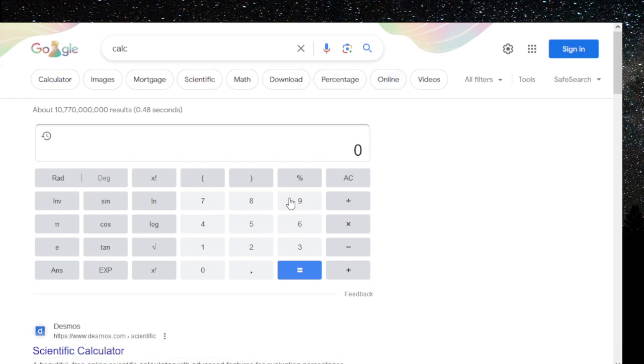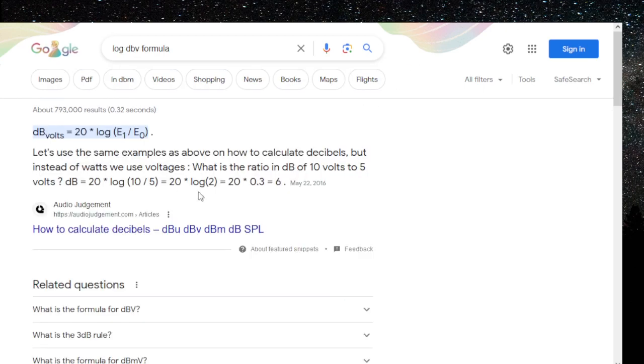So we've got 2 millivolts. No, we've got 2 volts peak to peak divided by 10 millivolts, which is 0.010 volts. Wait, did I do that right? I did.